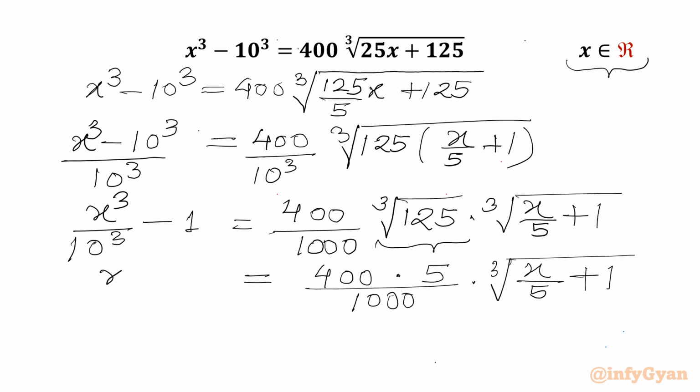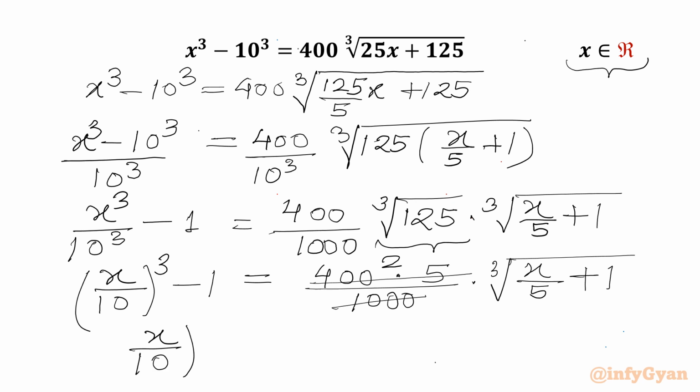And LHS we can write x over 10 whole cube minus 1. Now 400 times 5 is 2000. So we can cancel numerator denominator and it will be 2 in the numerator. So I can write x over 10 whole cube minus 1 equal to 2 times cube root of x over 5 plus 1.